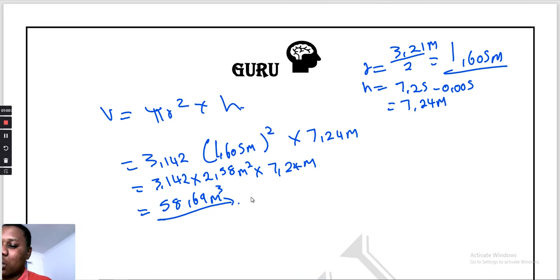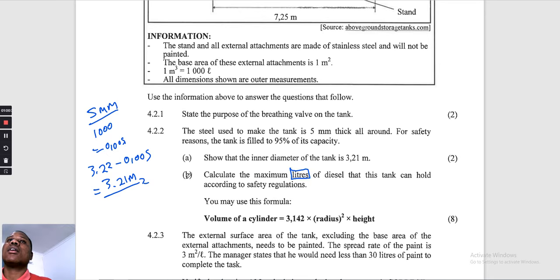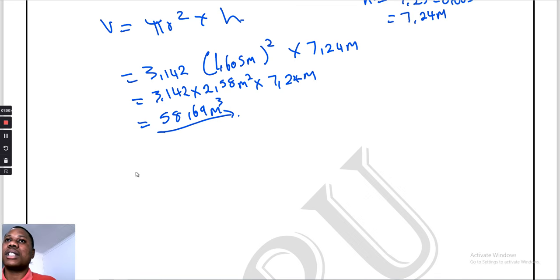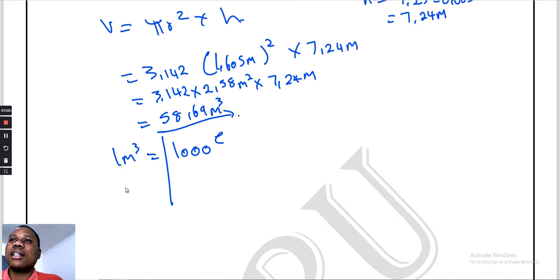Right, so we are now going to convert our cubic meters into liters. They say 1 cubic meter is equal to 1000 liters. So we are going to take it that 1 cubic meter is equal to 1000 liters.